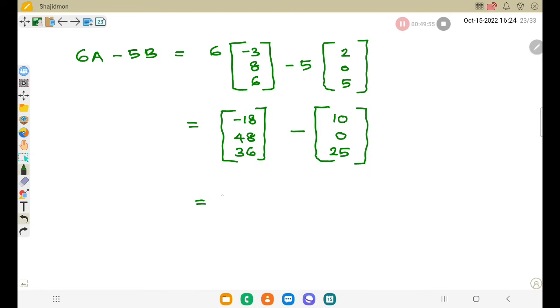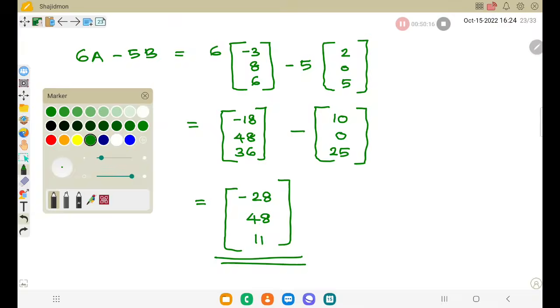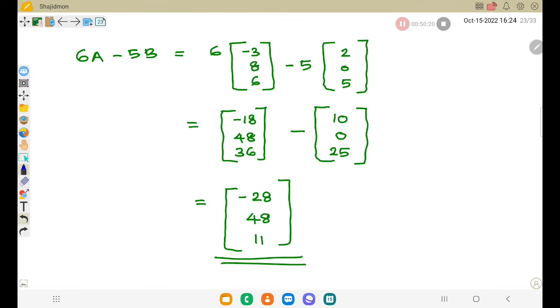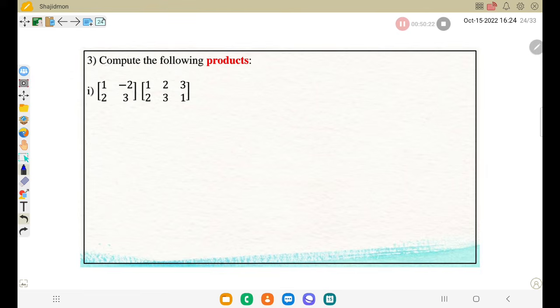Now you can subtract, so you will get -18 minus 10, -28. 48 minus 0, 48. Now 36 minus 25, that means 11. So this is the matrix 6A minus 5B. I hope you understood the question. Now we will go to the next one.